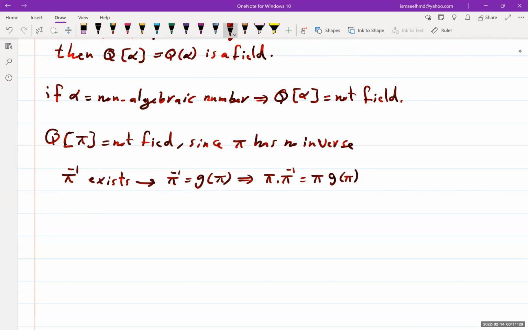And since pi dot pi inverse is equal to 1, we have 1 equal to pi g of pi.